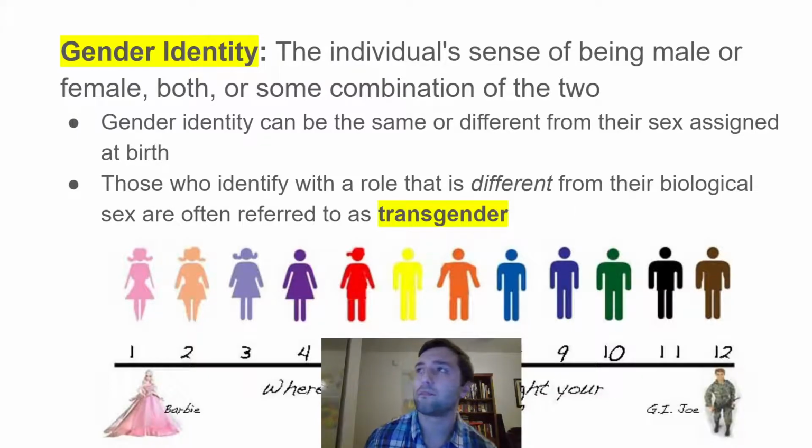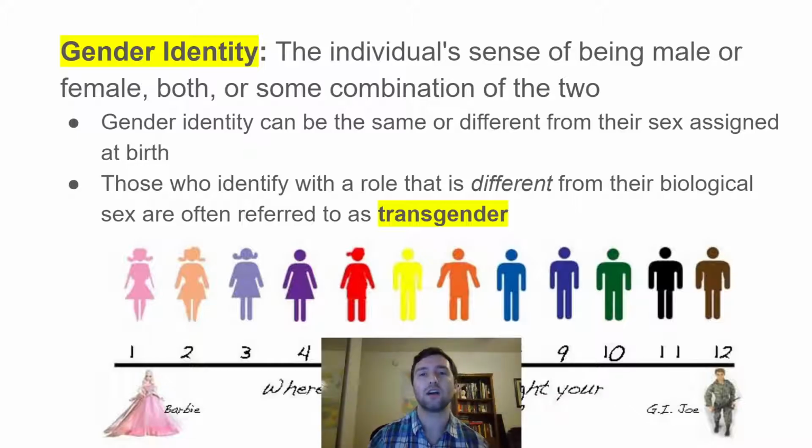So we'll talk about the little graphic at the bottom in just a moment, but then we can get into gender identity. So gender identity is an individual's sense of being male or female or both or some sort of combination, right? Now this is something that has always really been around, but it's just recently become an important or widespread or common topic in society, at least in American society.